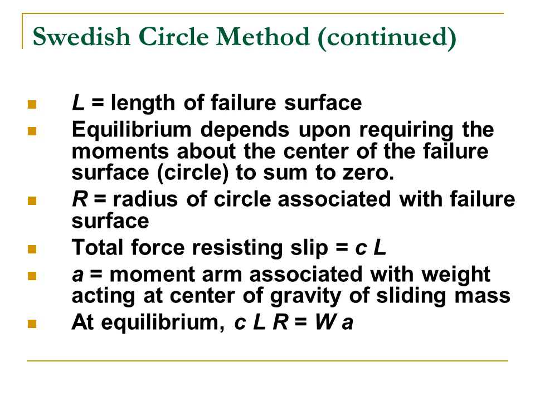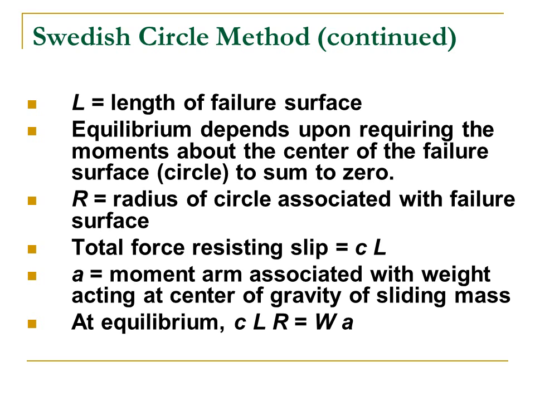R is the radius of the circle associated with this particular possible failure surface. The total force that is resisting slip for a cohesive soil would be the cohesive strength times that length of the failure surface, so C times L. And the moment arm, A, that's associated with the weight, is the perpendicular distance from the circle center to that weight.